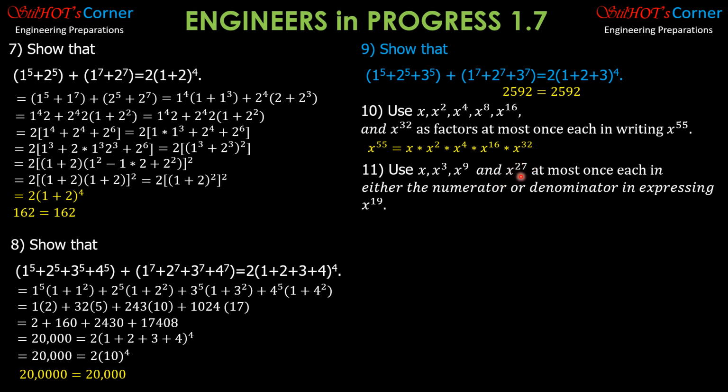If we use x to the 27, that exceeds 19, so if you divide it by x to the 9, that's x to the 18, so it's missing, so we multiply the numerator further by x. Therefore, x to the 19 is x times x to the 27 divided by x to the 9. That is x to the 28 minus 9, which is x to the 19, so that's correct.